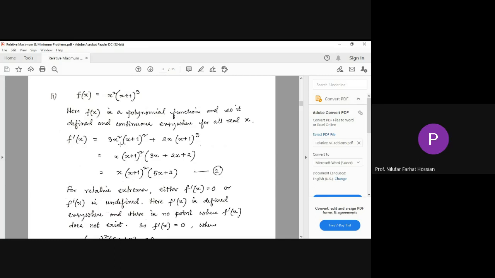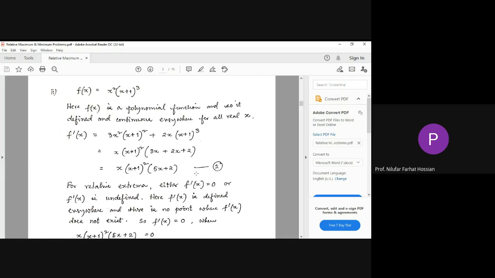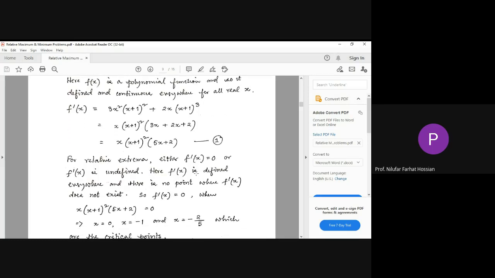So here remains 3x, and here remains 2 into (x plus 1), because x is taken outside and (x plus 1) whole square is taken outside. That means 2x plus 2. So these two can be added. So finally it becomes x into (x plus 1) whole square into (5x plus 2). So this is the expression for the derivative of the function.